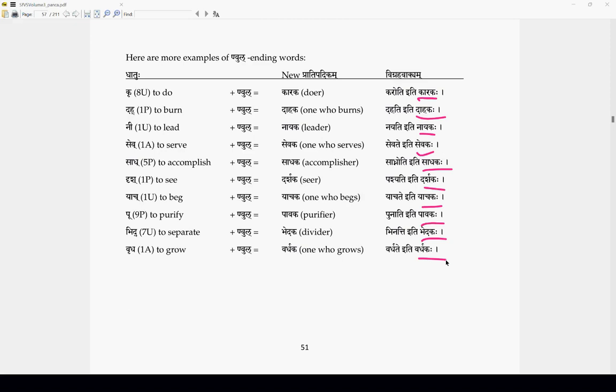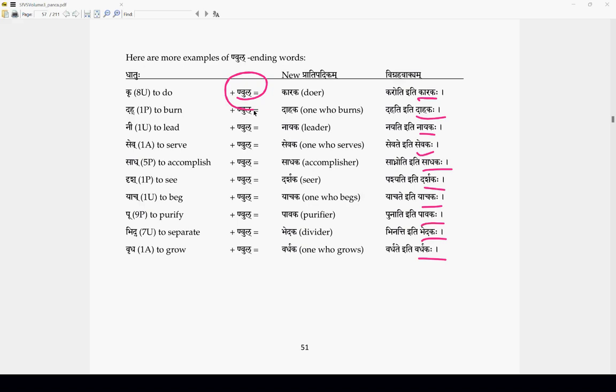The pratipadikam for karaka is karaka, is akaranta pullinga shabda. Simple, like a Rama shabda, dahaka, pratipadikam. So what happens here? The dahaka, karaka, nayaka, the krit pratyaya is nul, which is given here.